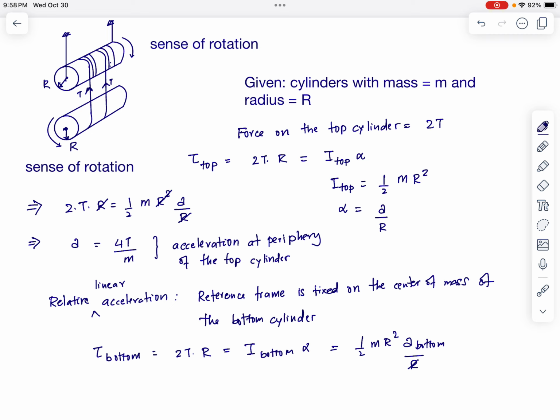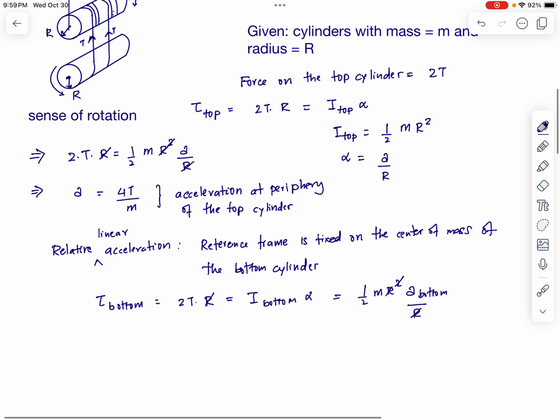One of the r's cancels out, the other r will also cancel out. So the relative acceleration at the bottom equals 4T divided by m.